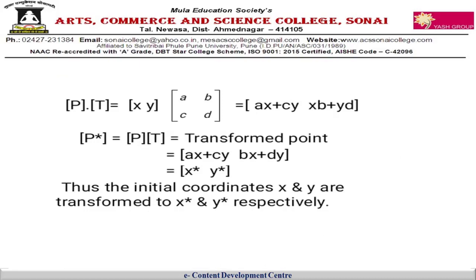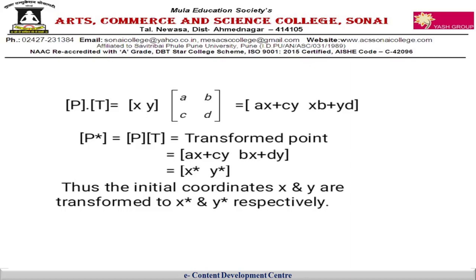The multiplication of P and T is given by [x y] into the general transformation matrix with rows [a b] and [c d]. After multiplication of the vector and the transformation matrix, we get the next point, that is, ax plus cy, bx plus dy.